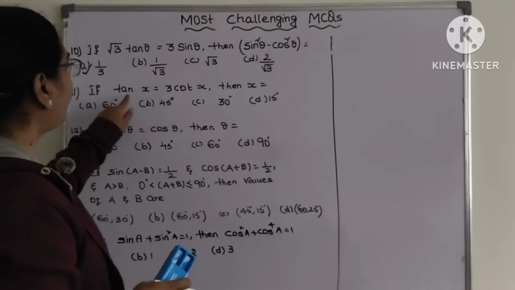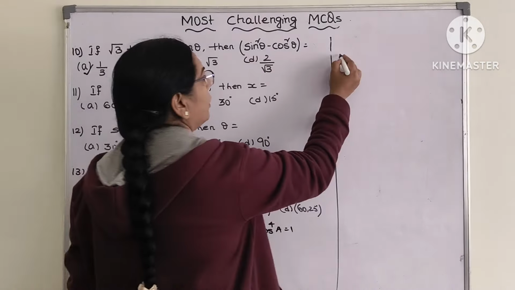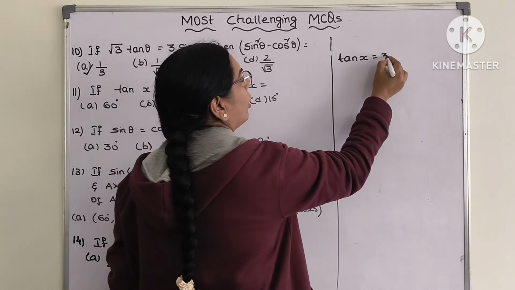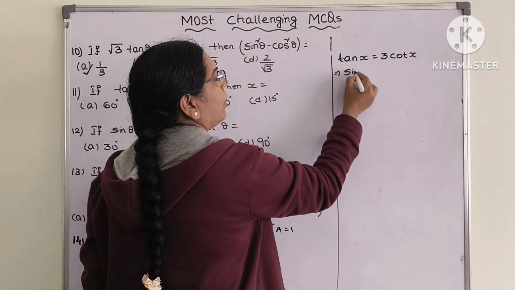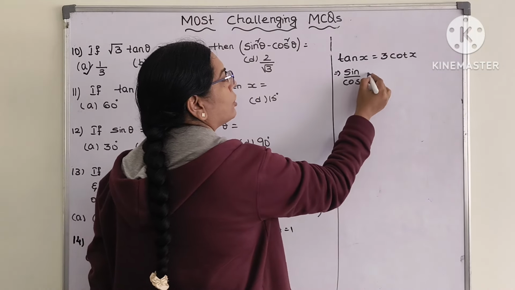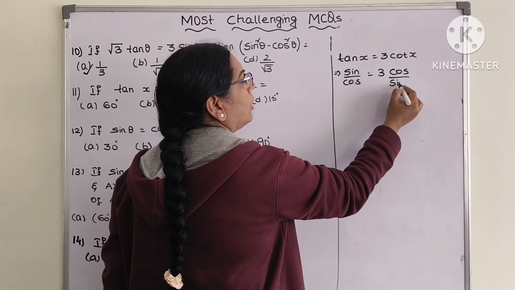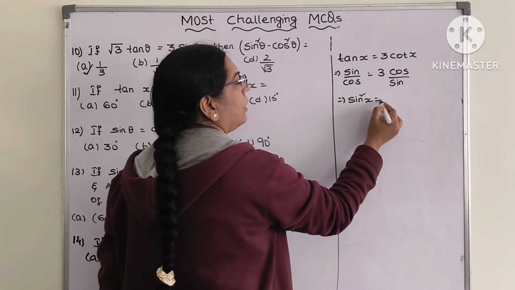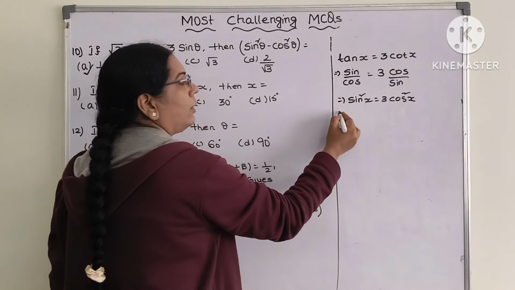The next one, if tan x is 3 cot x, find the value of x. What is given? Tan x is 3 cot x, which means sin by cos is equal to 3, cot is cos by sin. Do the cross multiplication. So sin square x is equal to 3 cos square x. Get cos square to this side.